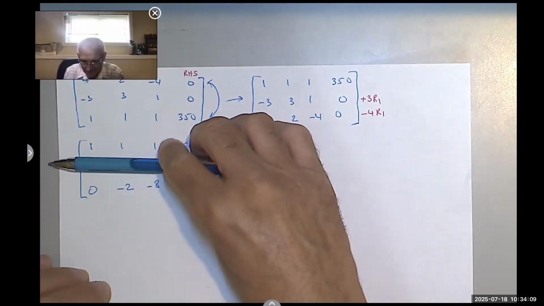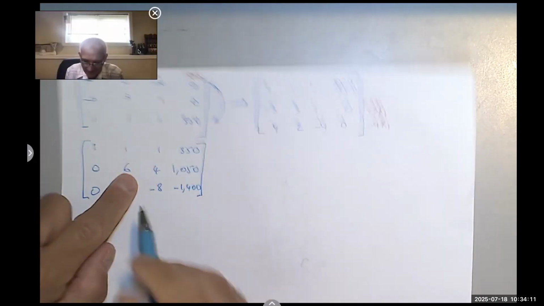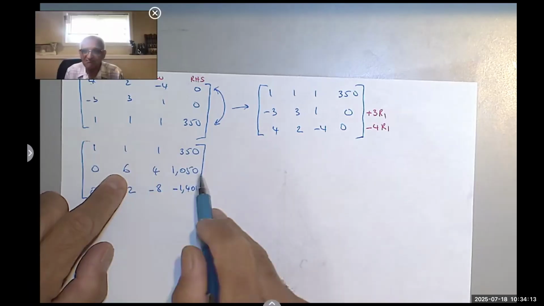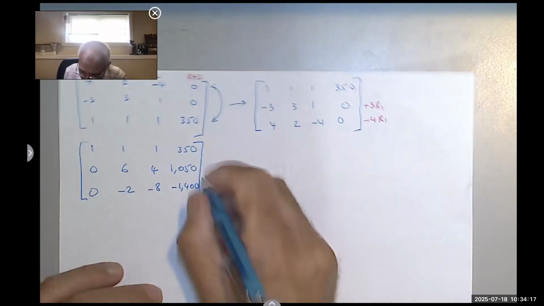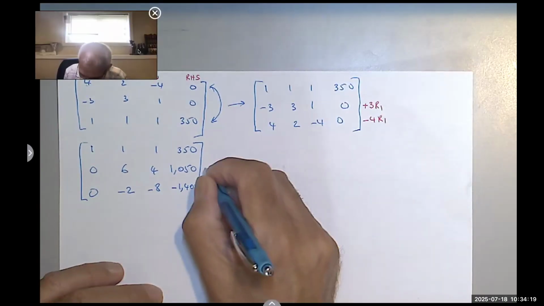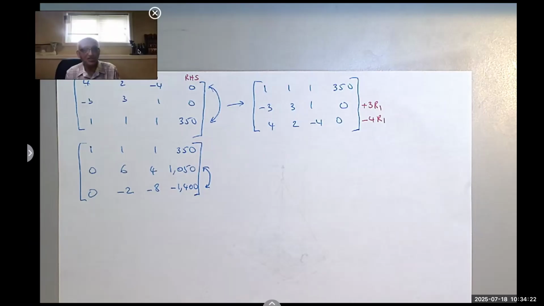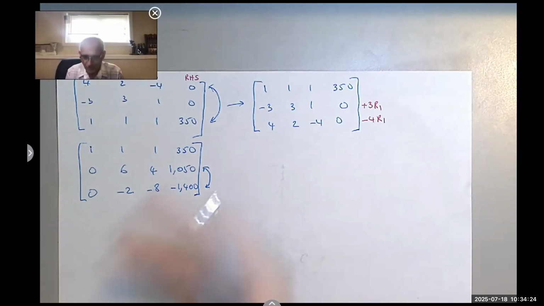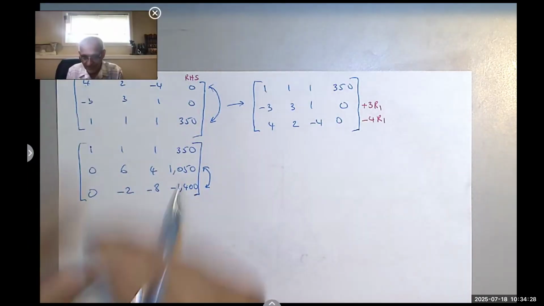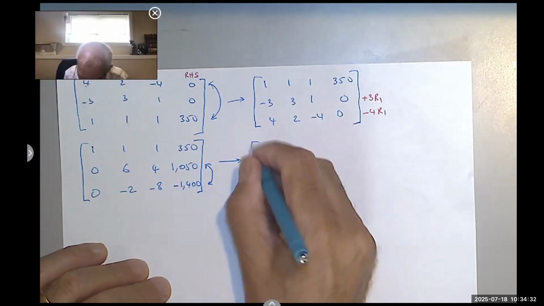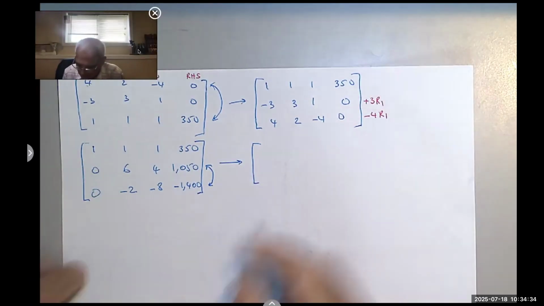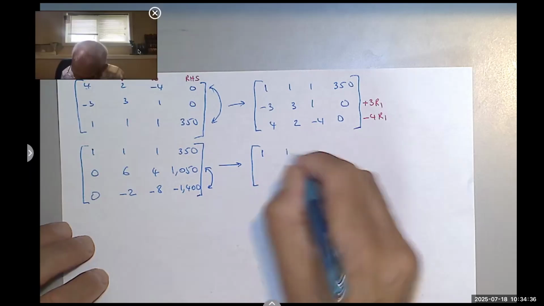If I divide this by 6, I will get 1 and then 2/3, and it's a fraction. So maybe I'll interchange these two. You don't have to do it. I could have done it from the get-go without interchanging anything. I just decided to do that for the sake of showing it to you.